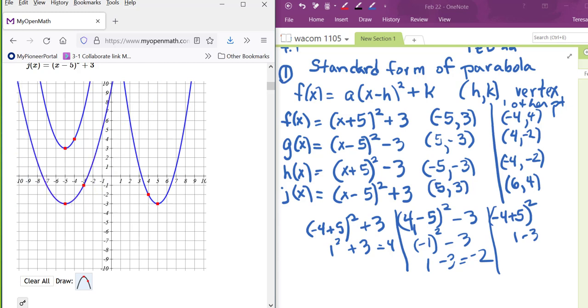And negative 4, negative 2. And one more, 5, 3. And 6, 4.